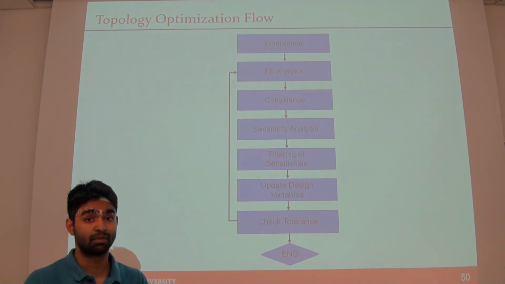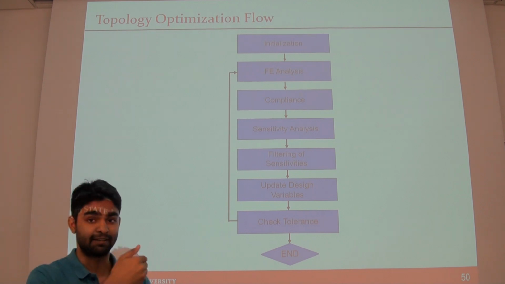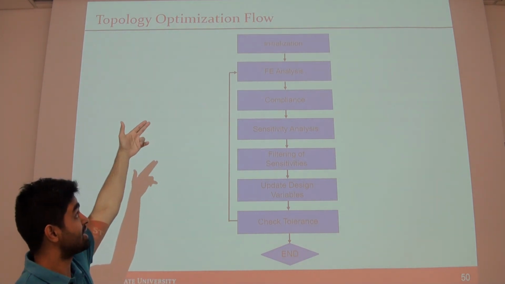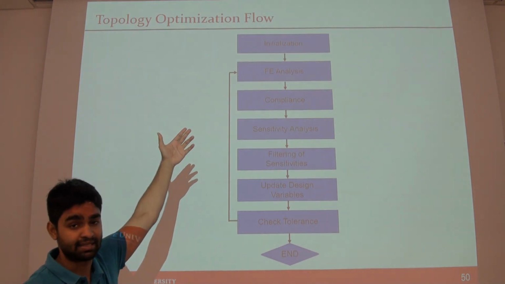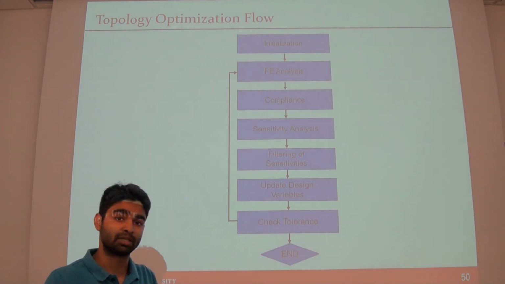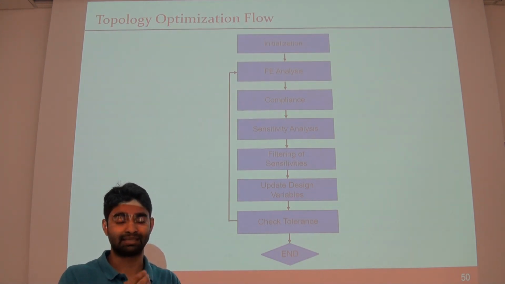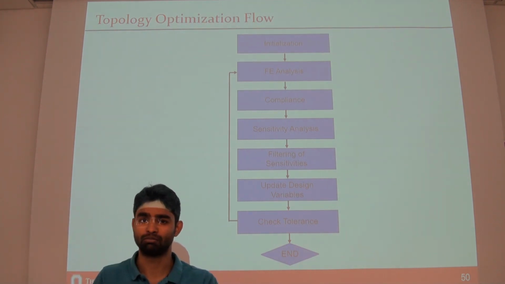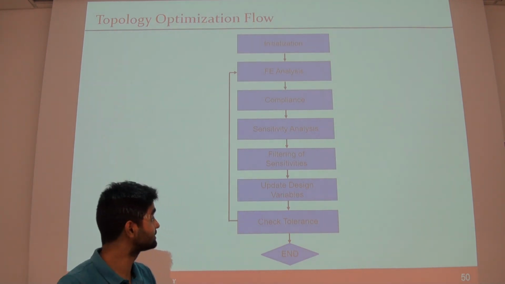So far, Dr. Shen must have covered what is the flow of topology optimization. We start off by initializing, randomly guessing some values of the design parameters. And the design parameters or design variables are nothing but the density values of the design domain, also X in our case.